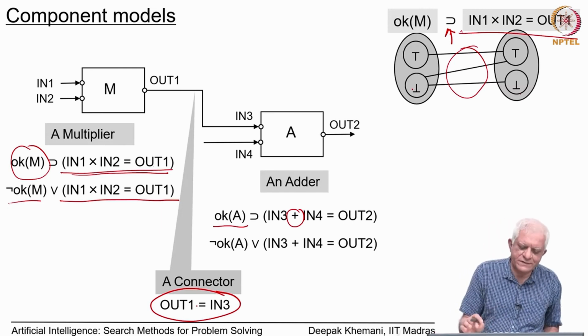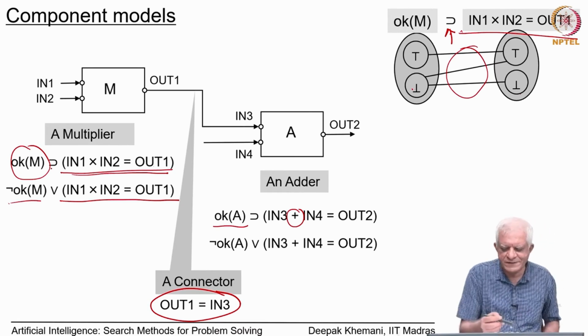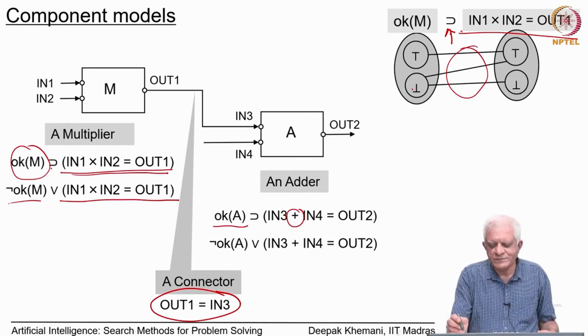Okay, so the key thing that I said here was that we can describe model behavior, component behavior, using constraints. The statements themselves, which are logical statements, because we are expressing in one sense in logic, okay M or in 1 into in 2 is equal to out 1, are either true or false.